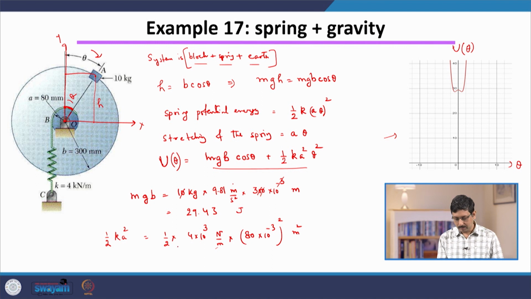Now, the numerical value. So, what we have is half into 4 into 80 into 80. There is a 10 to the power minus 6 coming from the square and 10 to the power plus 3, so you have a 10 to the power minus 3.